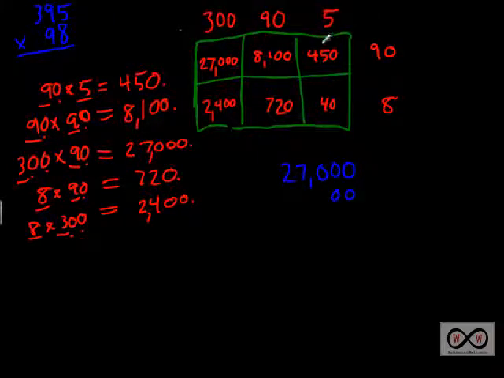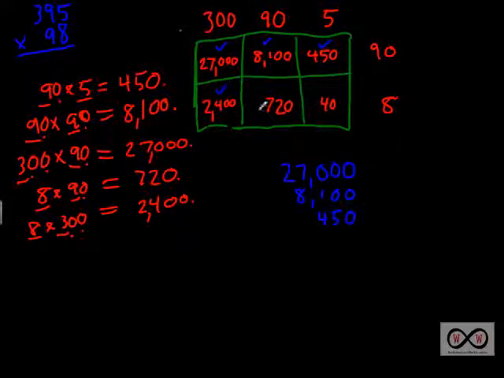Okay, so we've taken care of this 27,000. Now we're going to work on this 8,100. There we go. Got that one. 450 I'll put in there. 450. So we're lining up the ones, tens, hundreds, thousands, 10,000s.